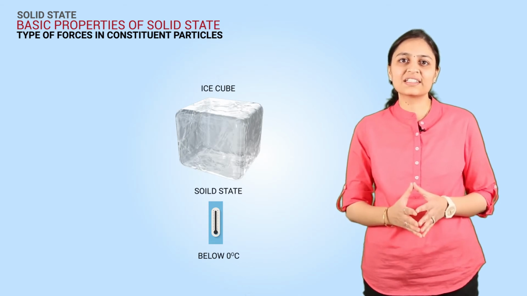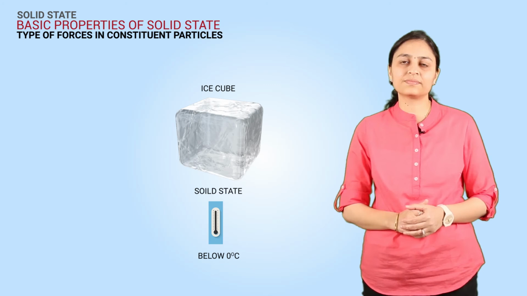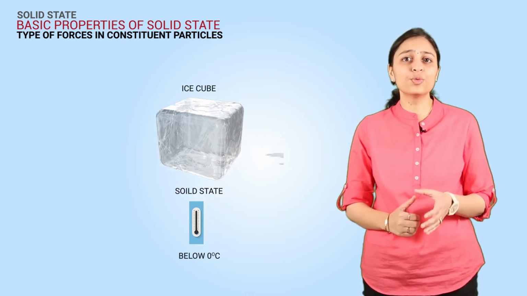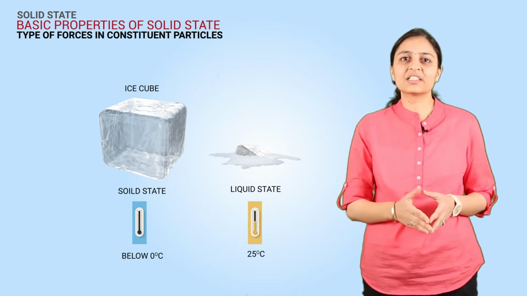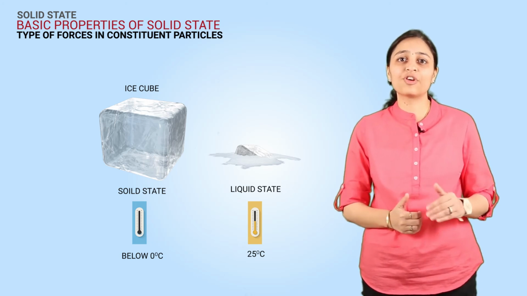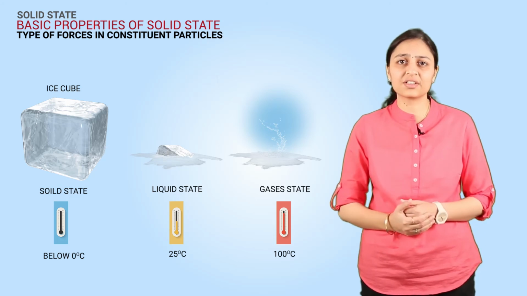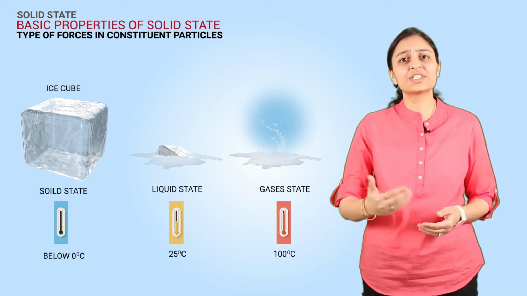An ice cube is in a solid state below 0 degrees centigrade of temperature. However, if I keep this ice cube at room temperature, which is 25 degrees centigrade, it will melt into water. Now, if I further heat this water at 100 degrees centigrade of temperature, the water will boil and finally convert into steam.